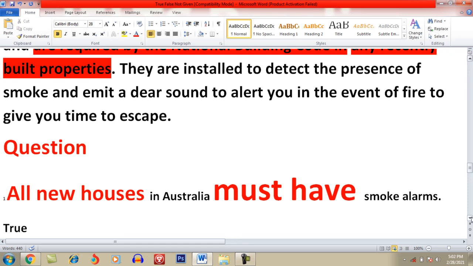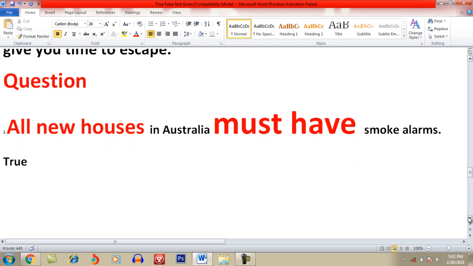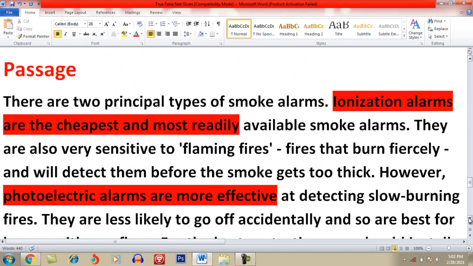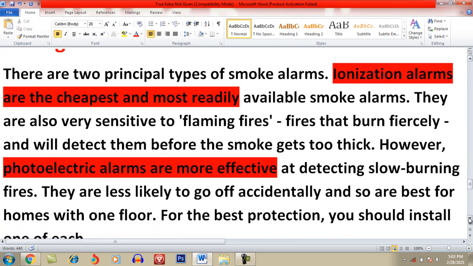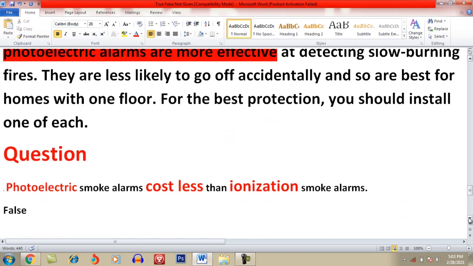Like this, you will highlight keywords in the questions. For example, here is another example. Before reading the passage, I'll move to the question: photoelectric smoke alarms cost less than ionization smoke alarms.